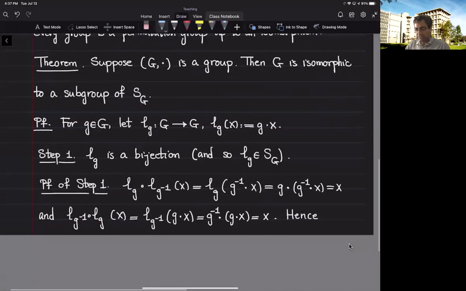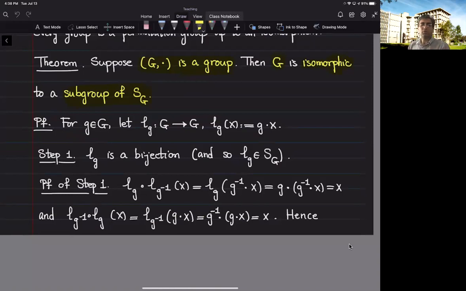Here is Cayley's theorem. Suppose that G is a group, then G is isomorphic to a subgroup of the symmetric group on the same set. This means S sub G is the set of all the bijections from the set G to the set G, and I'm thinking about it under composition.